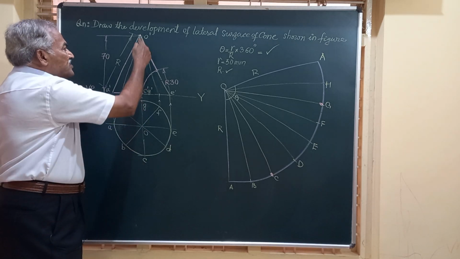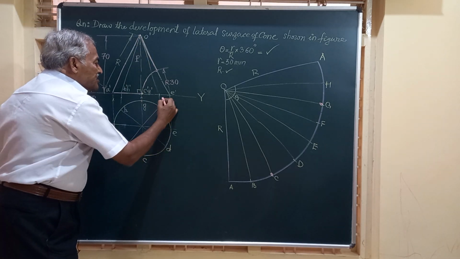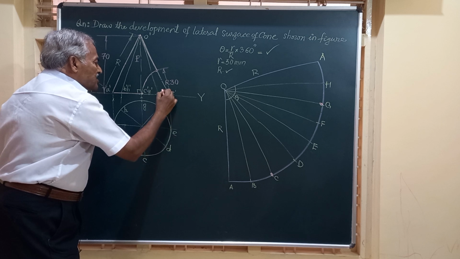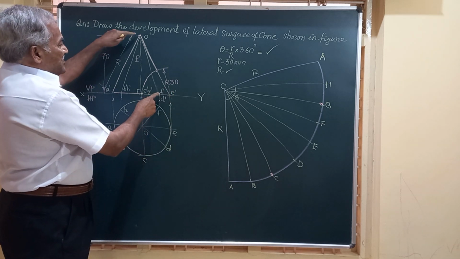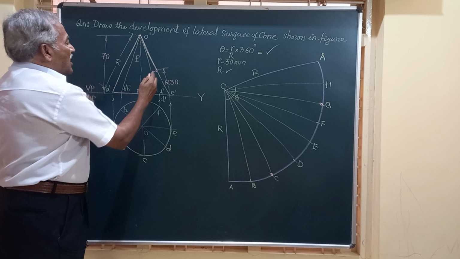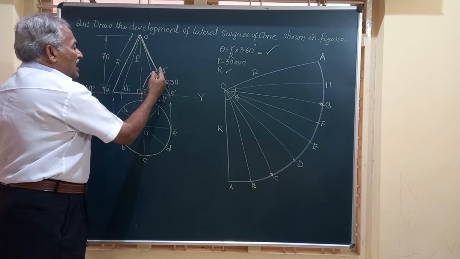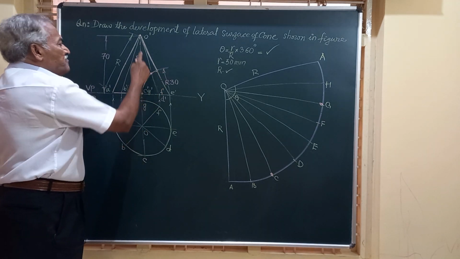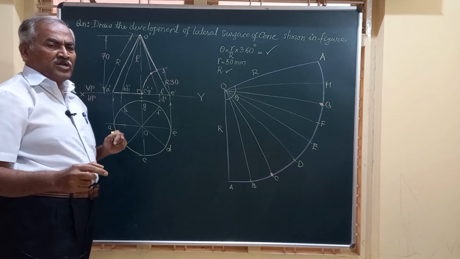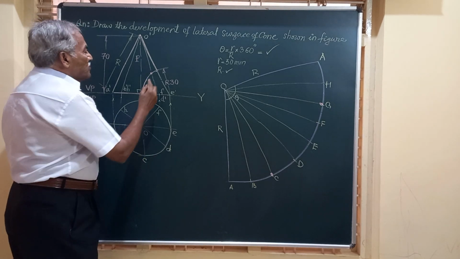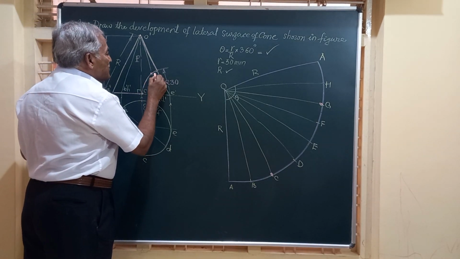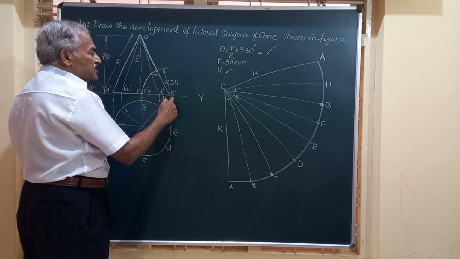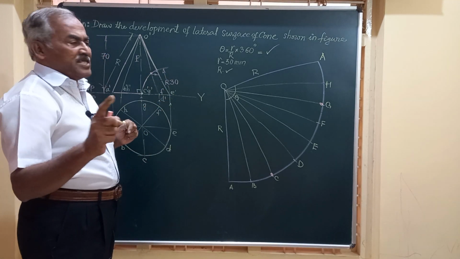Then, friends, if you see these generators, O dash D dash and O dash F dash, these two are cut by the arc at this point, but these are not the true length generators. So I am going to shift that to the end generator O dash E dash, which is the true length.